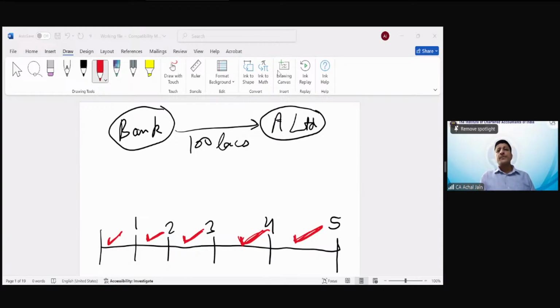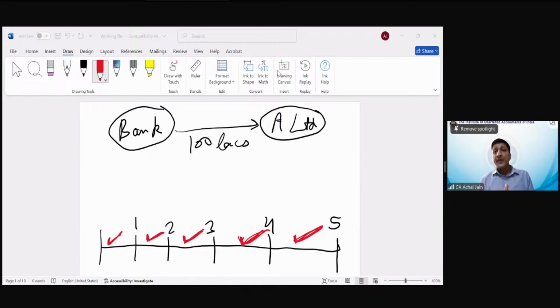Let's suppose you have a friend who is asking for money, and you know that he may not be able to repay. It's not about intent. You think, what if he doesn't repay that amount?